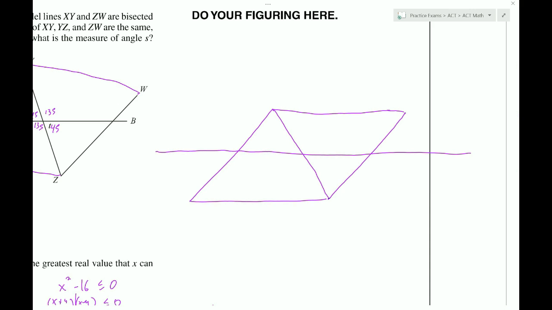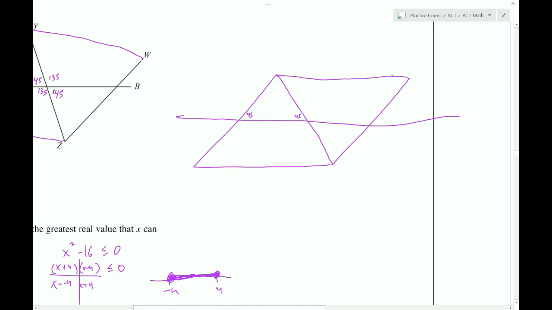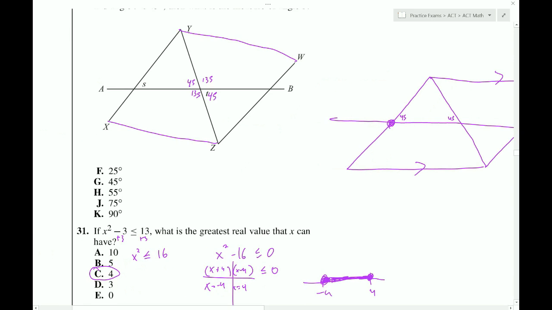So I'm inclined to believe that these angles are actually going to be equal. 45 and 45. The reason for that is I believe that this line should be parallel to the others in order for it to bisect both of these end points. So yeah, that's my answer, G.